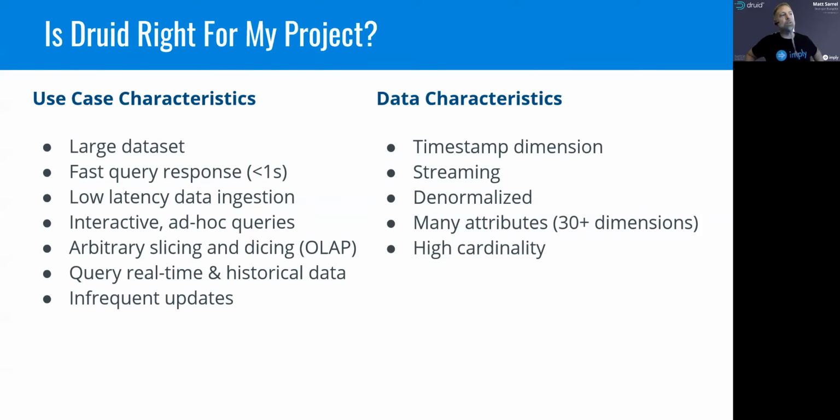Now, I'm saying denormalized because this is the open source Druid discussion. The Imply Druid version, you could go ahead and use straight Star Schema data because there's support for wide joins. And then again, you want to look at data that has the dimensions in it that you want to filter and sort on.